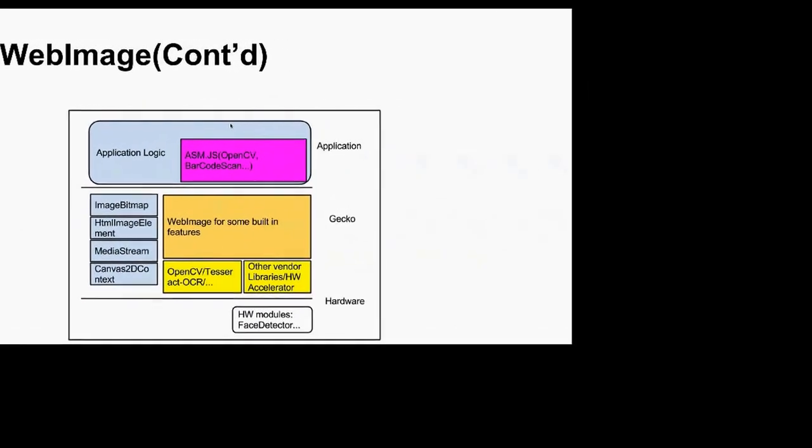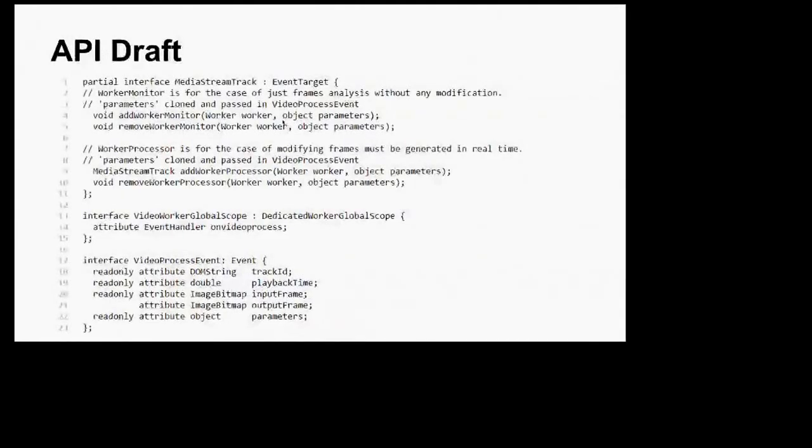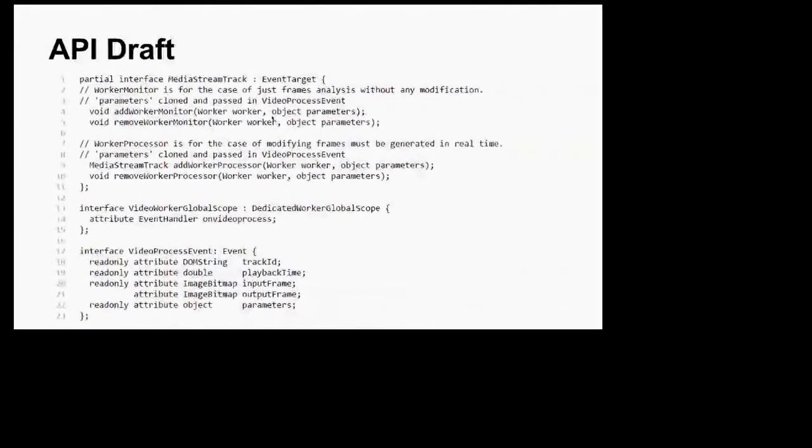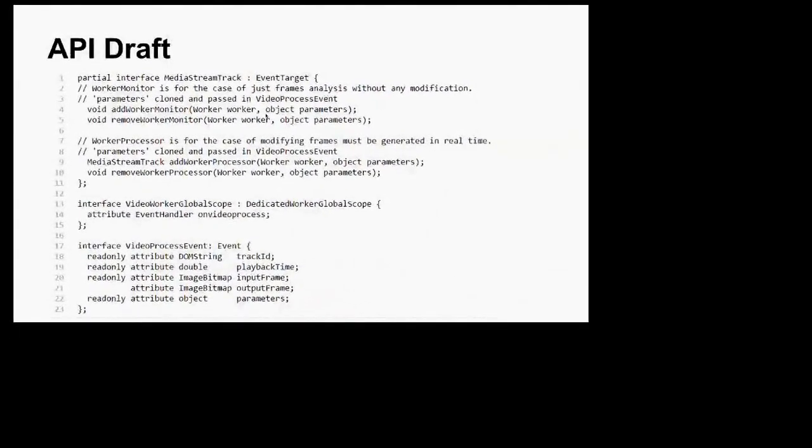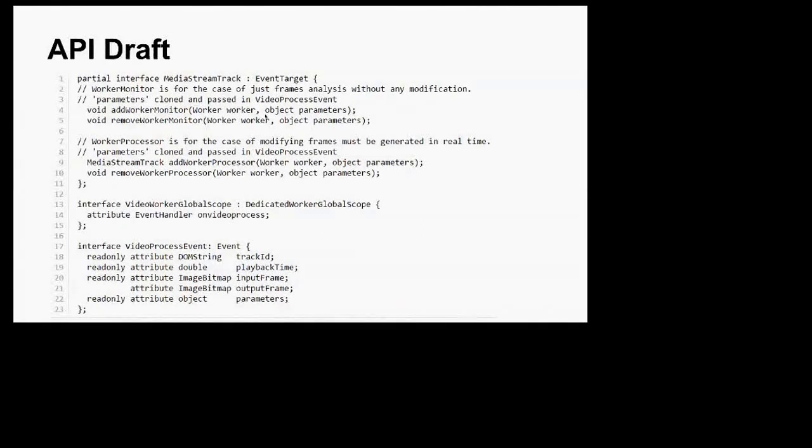This is what the draft API will look like. We will add 4 functions into media stream track to associate with workers, the top part. And add a new event handler into worker scope. We will add a video process event.